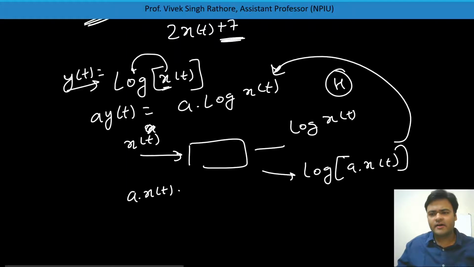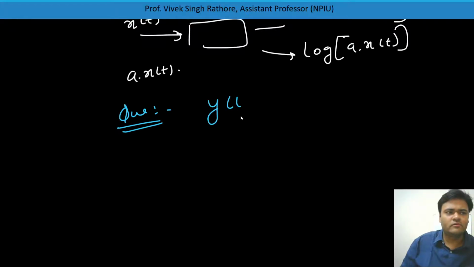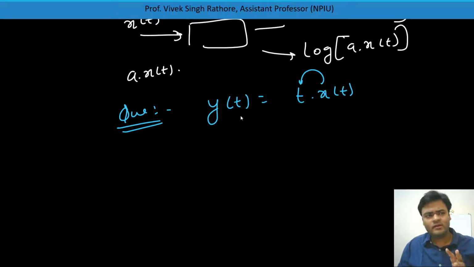So all these types of signals are there. See, one last example I will take. Question: yt is equal to t into xt. Now you will say, okay sir, this is multiplied, so it is a non-linear system. No. There should not be a multiplication of x somewhere.